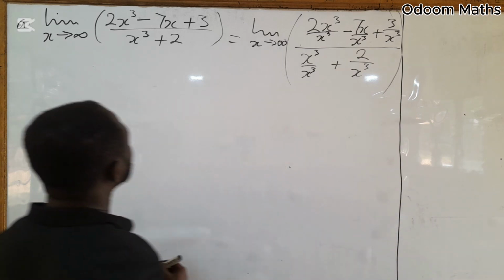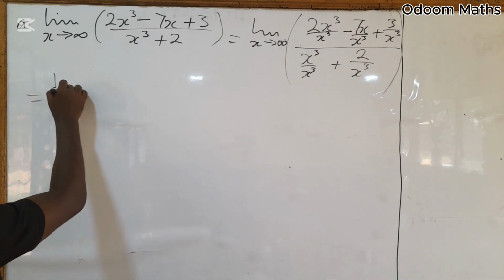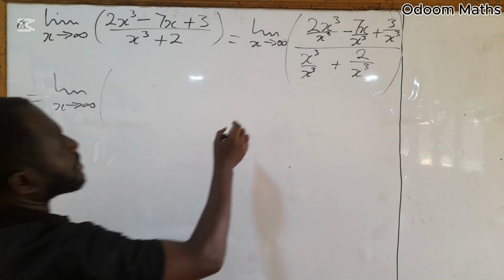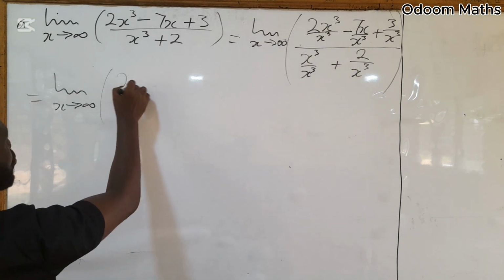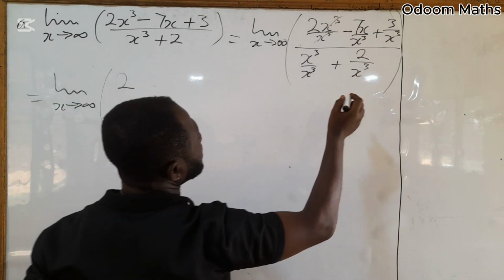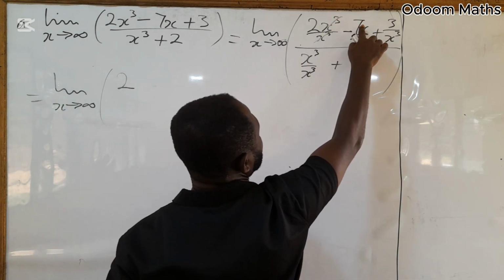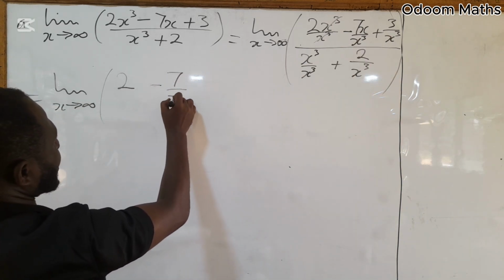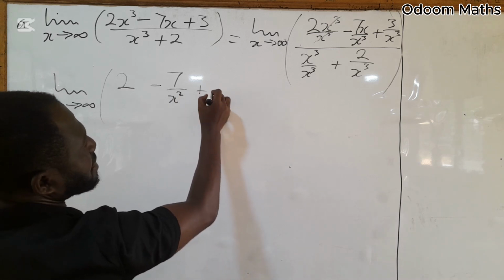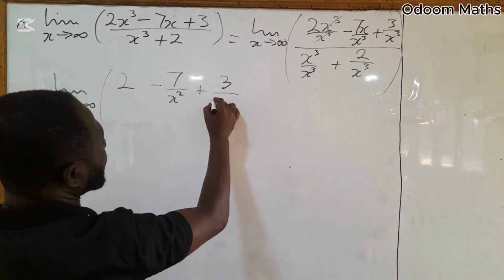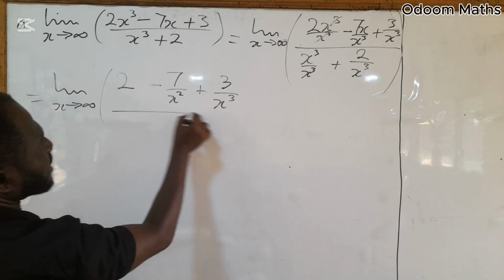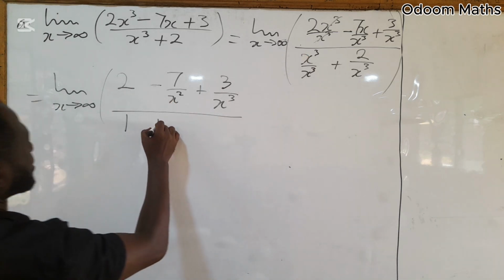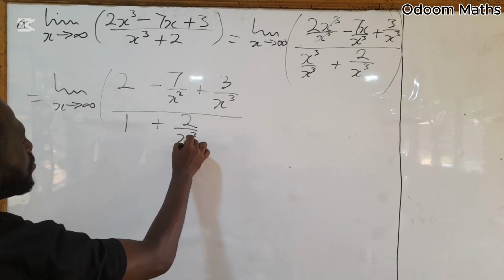Okay, so this is going to be the limit as x approaches infinity of, now this and this will go out, so that is going to be 2, because this will cancel this one. Then here this will be minus 7 over x squared, then plus 3 over x cubed, divided by 1 plus 2 over x cubed.